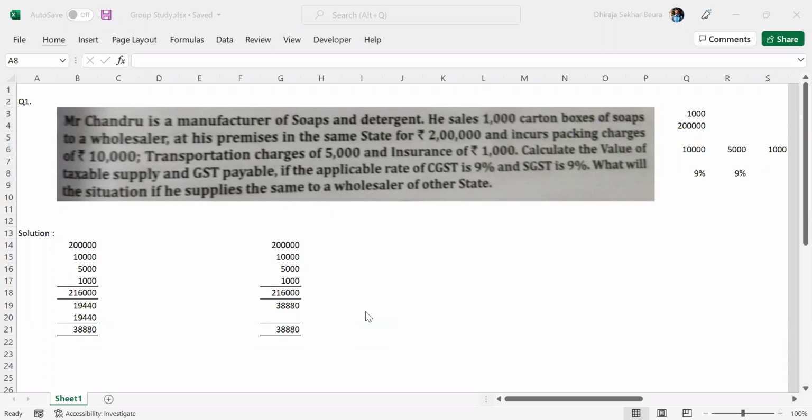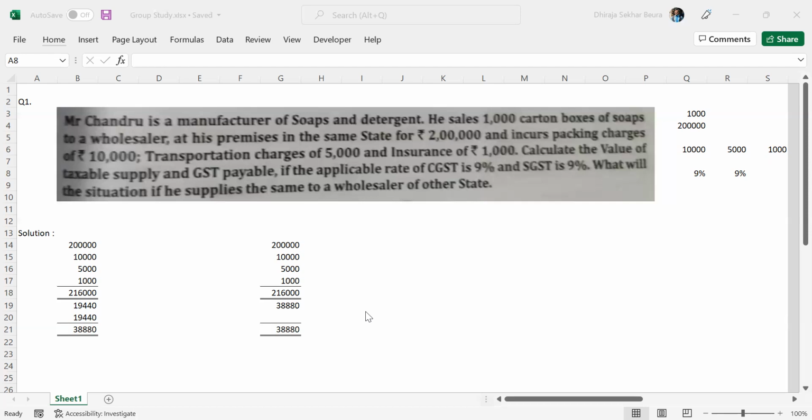In order to calculate the value of the supply, everything that is given along with the principal supply, the value of that is being added to our original value. So 2 lakhs plus 10,000 plus 5,000 plus 1,000 comes to 2,16,000, which is our value of supply. That is what is being asked in this question.